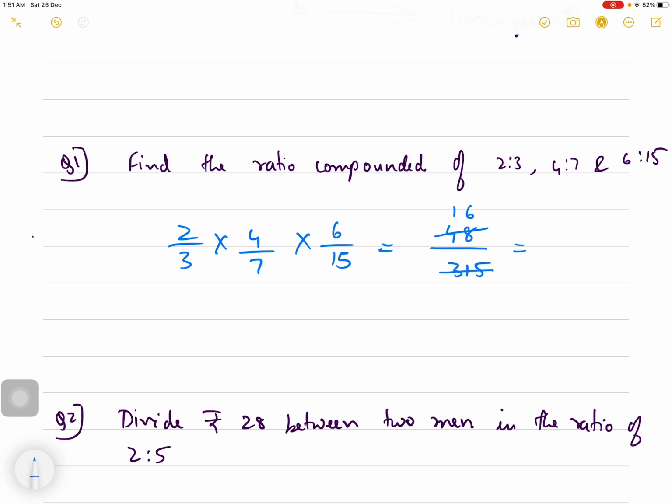And here 3 ones are 3, 3 zeros are 0, and then 3 5s are 15. So 16 by 105. You can't reduce more. So 16 is to 105.